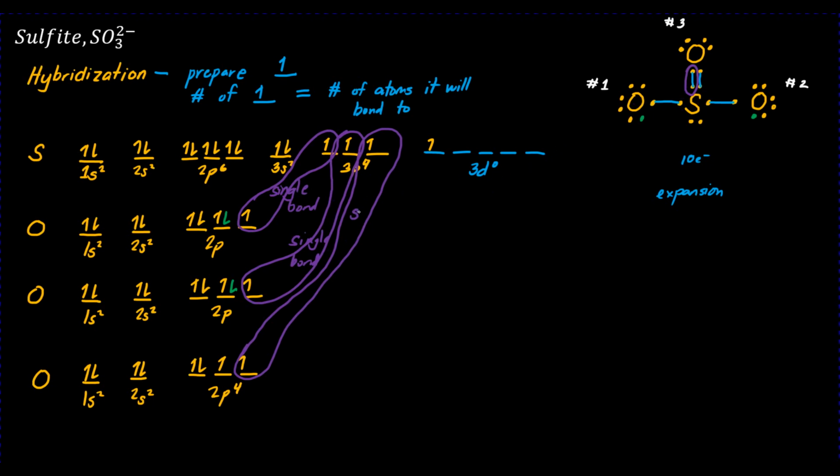It's called a sigma bond. Let's also say this is sigma. This is the symbol for a sigma bond. The earlier ones are also sigma bonds, the bonding with sulfur and oxygen number 2, sigma bond.